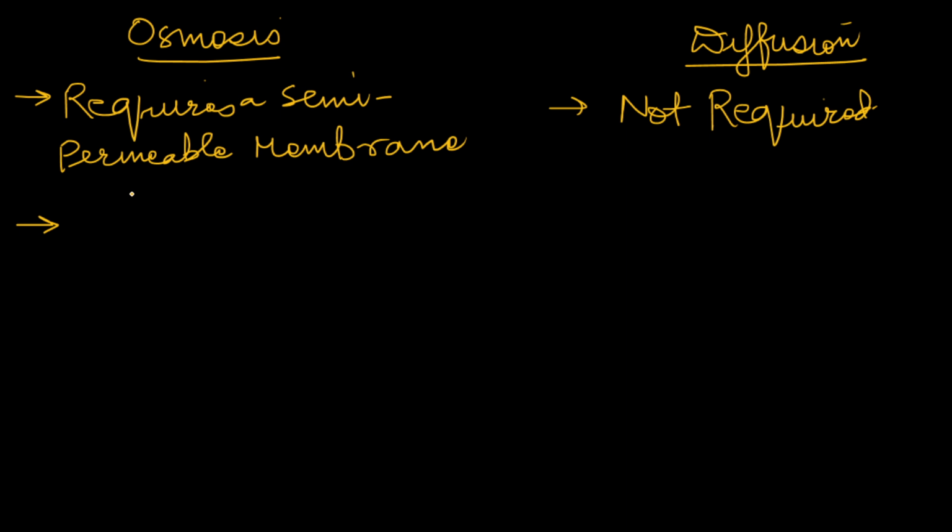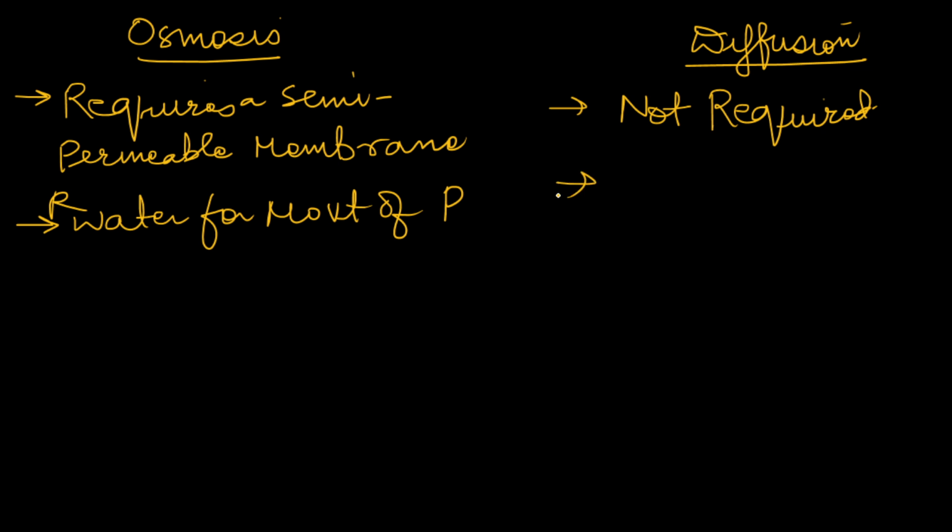In osmosis, water is required for the movement of particles. In diffusion, there is no ultimate requirement of water. It can happen with water or without water. So this is another difference.